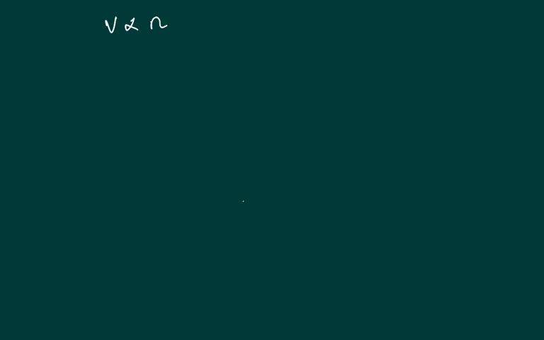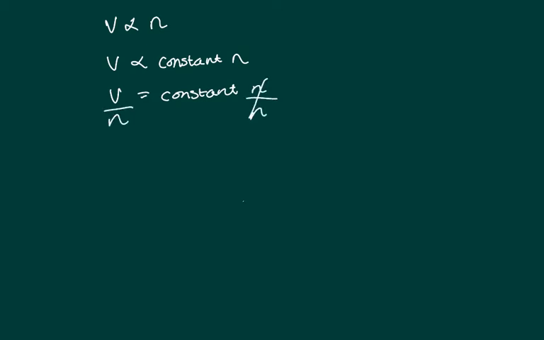Okay, and so by the same logic, this means that volume is proportional to some constant times n. So if we just replace the proportional sign with equals, we can divide by the n's here, and we'll find that volume divided by the number of moles will always be constant.